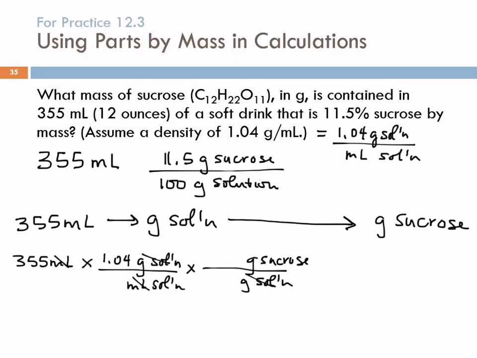So those units cancel out. And that's 11.5 over 100. So I've got 355 times 1.04 times 11.5 divided by 100. Looks like I should keep 3 sig figs for my final answer, so I'm going to get 42.5 grams.